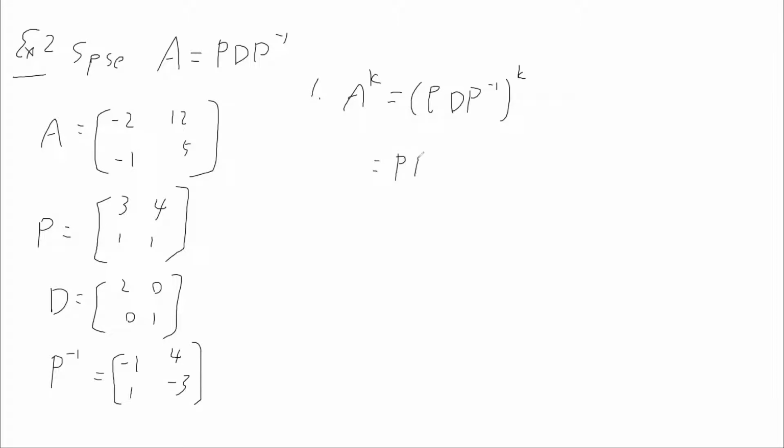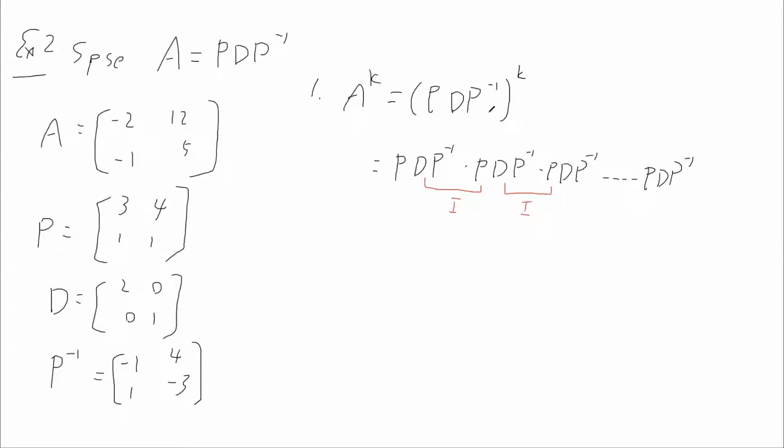So I have P D P inverse, multiplied by P D P inverse, multiplied by P D P inverse, and so on, up to the last P D P inverse. What you're going to notice is that between every factor, we always get a pair of P inverse and P, which gives us the identity matrix.